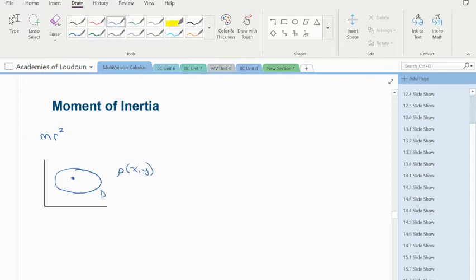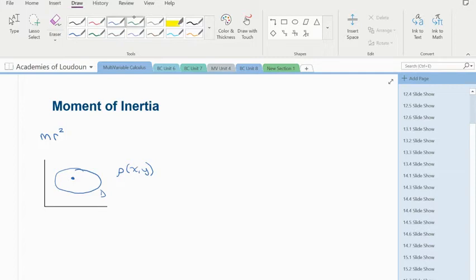And here's my point. Again, we're going to divide the region into small rectangles, approximate the moment of inertia of each subrectangle about the x-axis, and take the limit of the sum as the number of subrectangles becomes large.